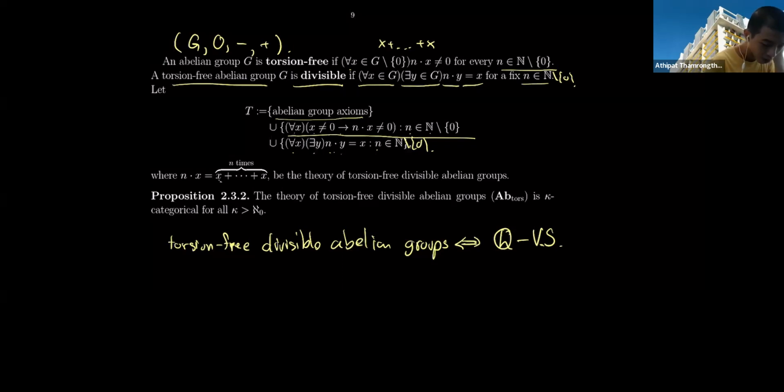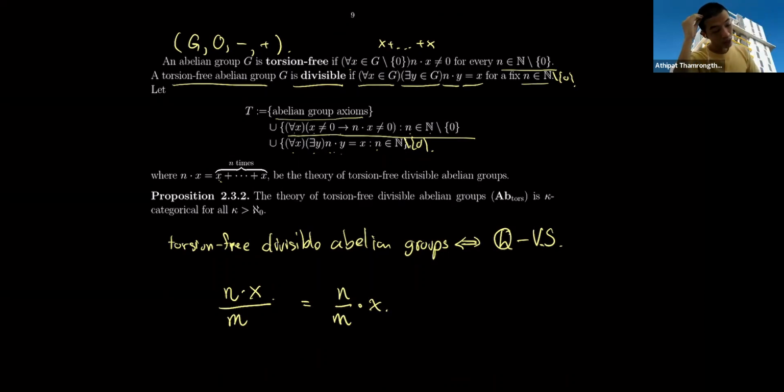The first part, the torsion-free part, says that you can multiply x by n, and the second part, the divisible part, says that you can divide it by m for any non-zero m, which means that you can consider this as n over m times x. So it behaves like a Q vector space.